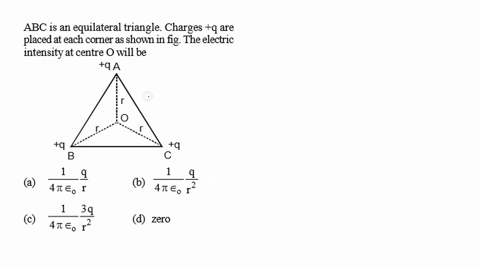ABC is an equilateral triangle. Charges plus Q are placed at each corner as shown in the figure. The electric intensity at the center O will be? See here, we have to find electric intensity at the center from the positive charges which are kept at each corner of the triangle.